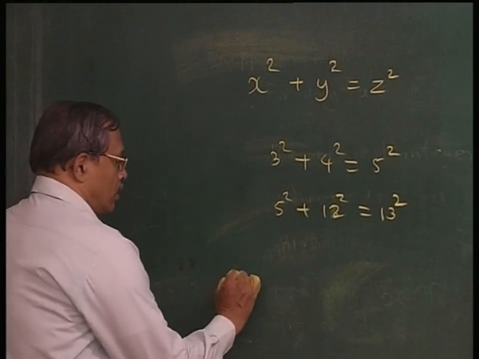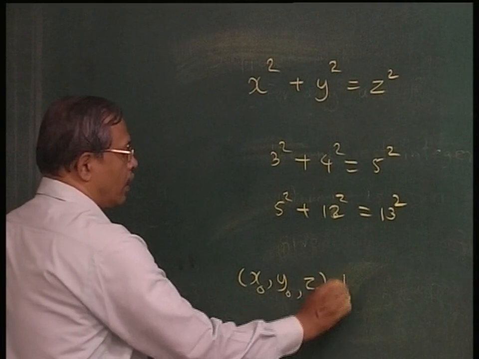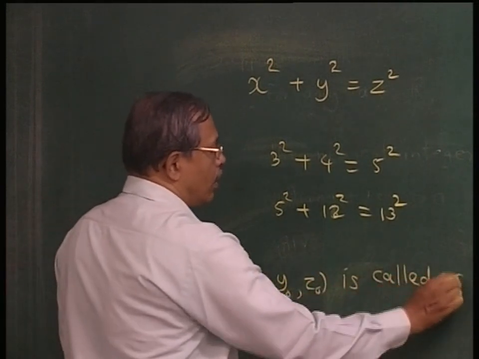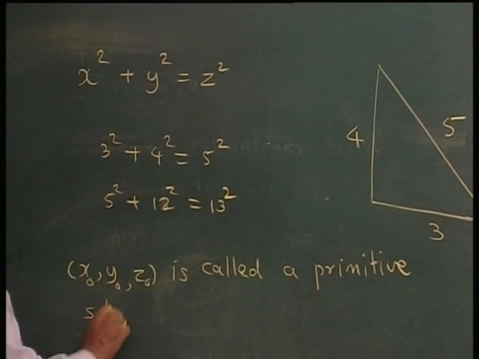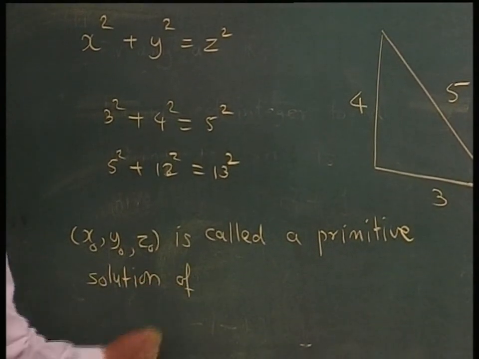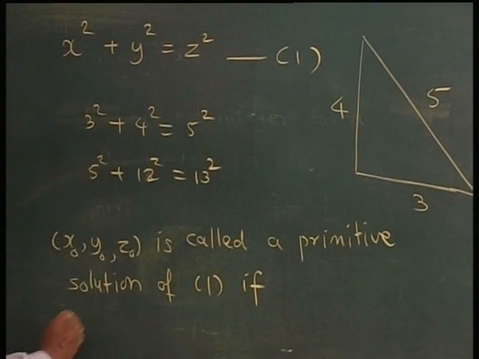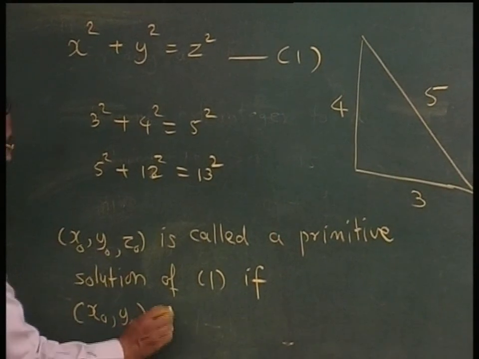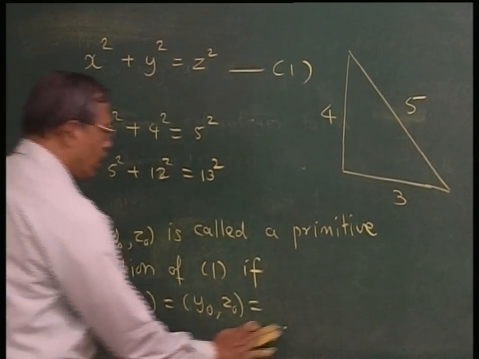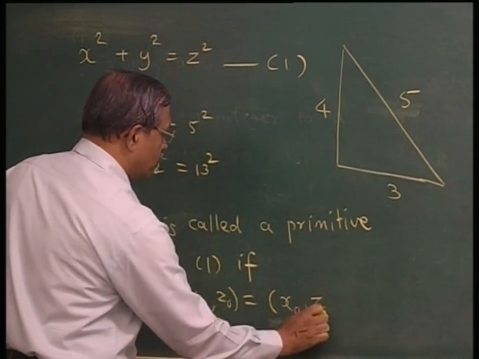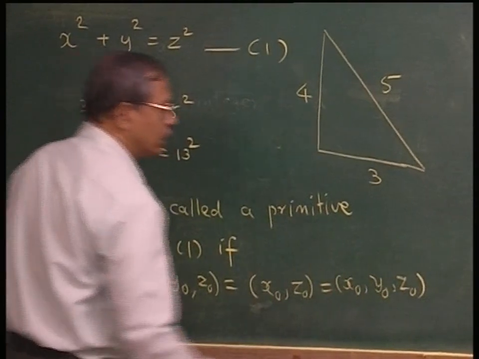So x0, y0, z0 is called a primitive solution of this equation 1 if the GCD of x0, y0 is the same as the GCD of y0, z0, which is also the same as the GCD of x0 and z0, which is also the same as the GCD of x0, y0, z0, and that's equal to 1.